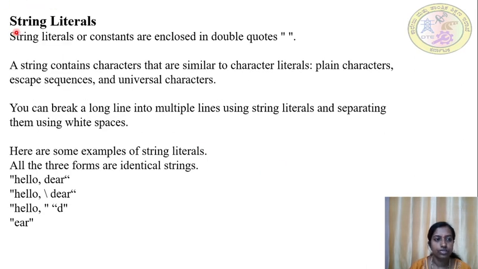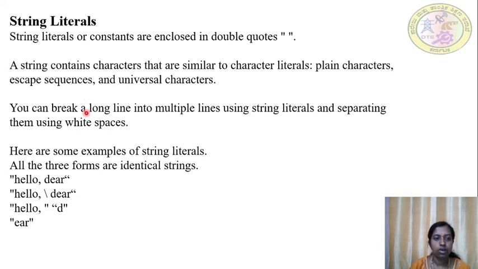Next we move on to string literals. String literals or constants are enclosed in double quotes. A single character is enclosed in single quotation marks, and string literals are enclosed in double quotation marks. A string contains characters that are similar to character literals. It can be plain characters, escape sequences, and universal characters.